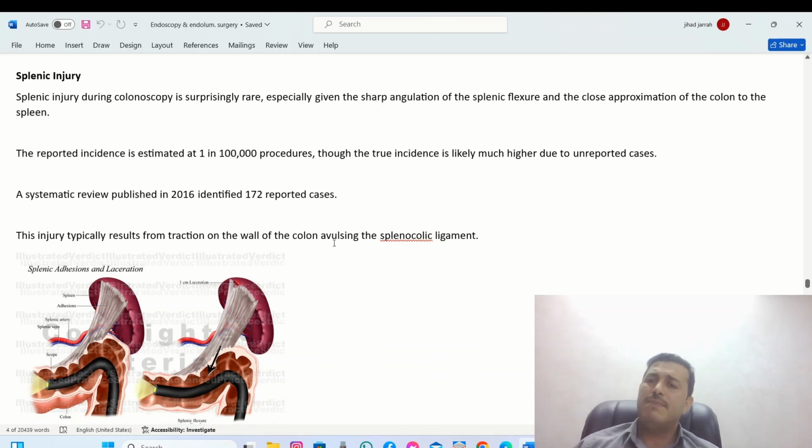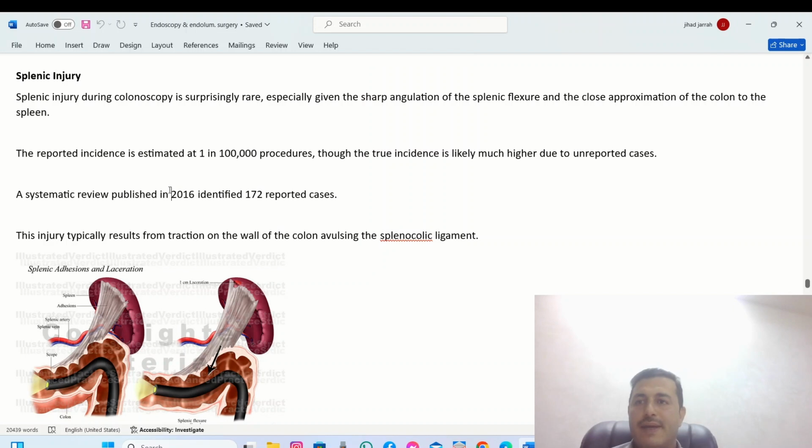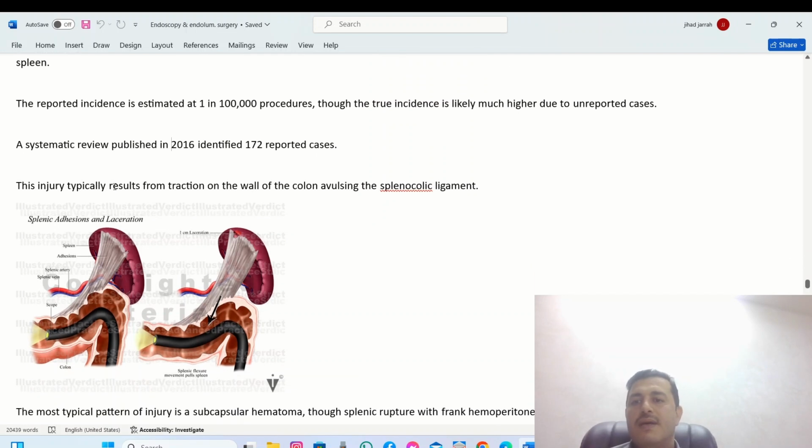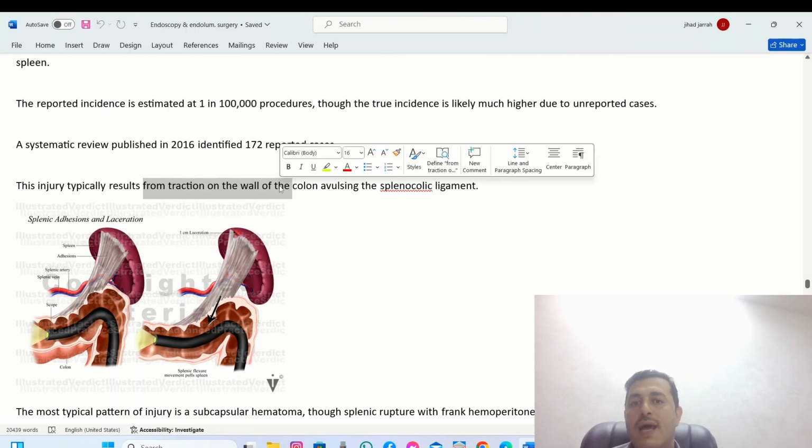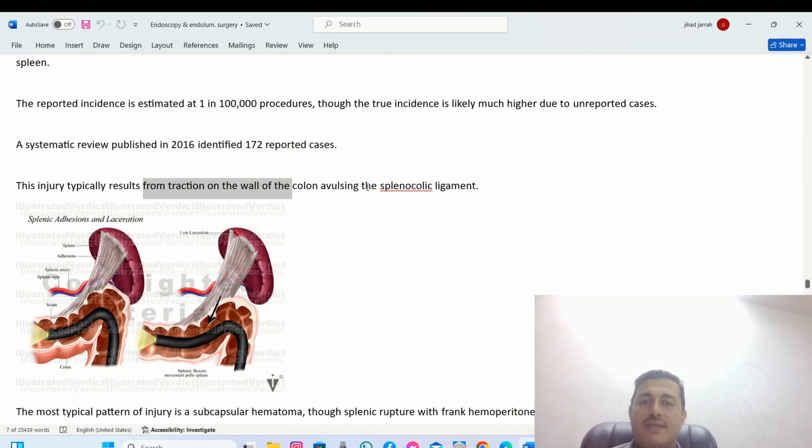splenic injury: how could the spleen be injured during colonoscopy? Splenic injury is rare. It is usually due to traction on the bowel wall, avulsing the splenocolic ligament, as you see in this picture.